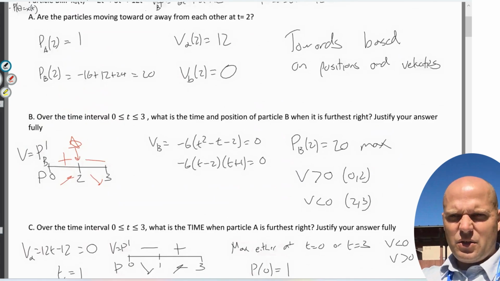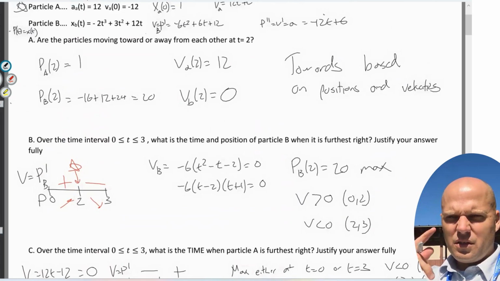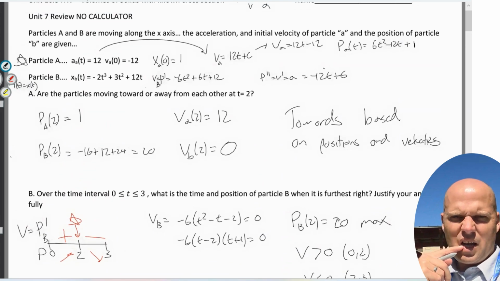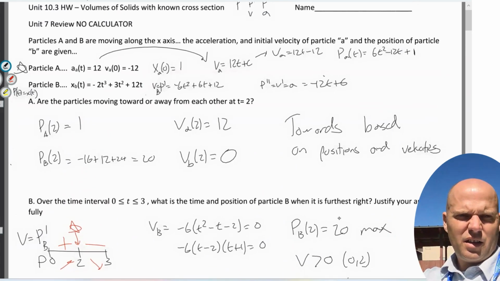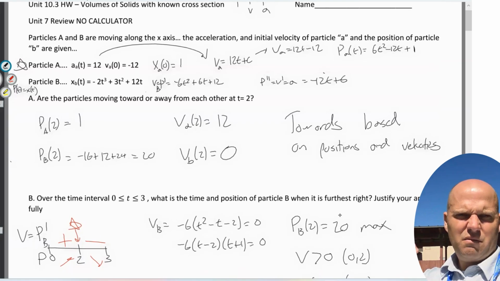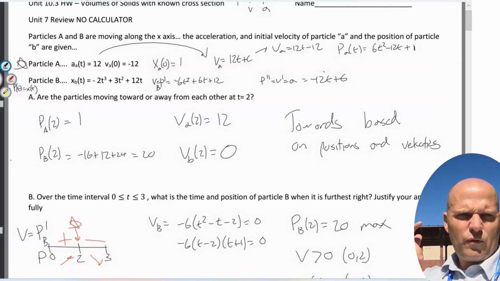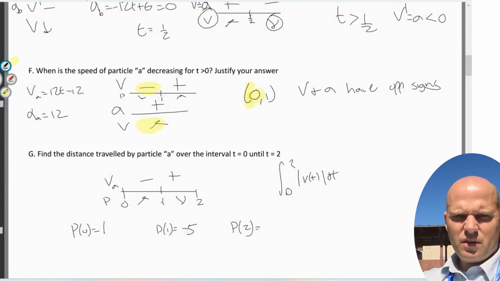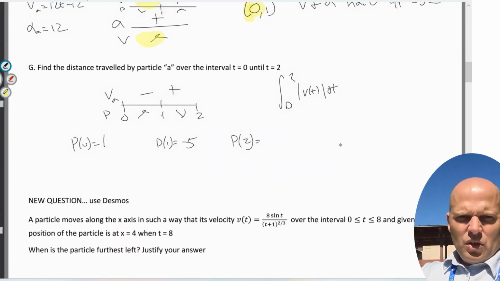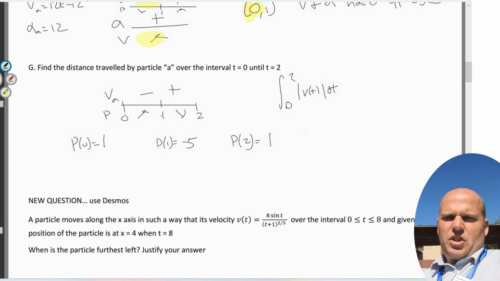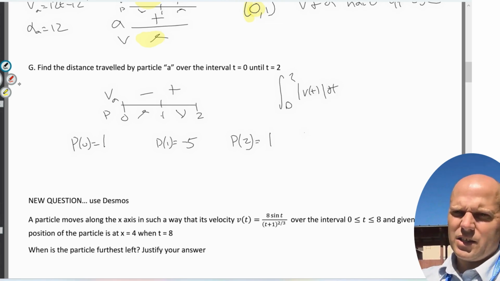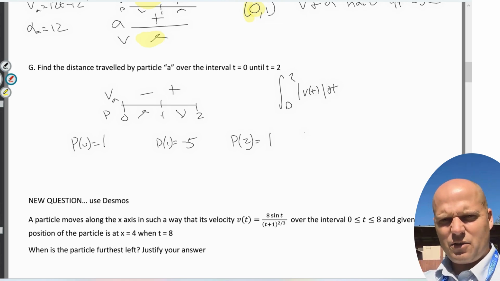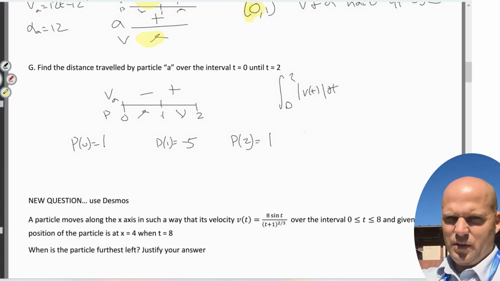Particle A at 2 was also 1. 24 minus 24 plus 1 was also 1. So cool. So that's also 1. So what's the distance? Hopefully you realize this doesn't make any sense. What am I doing? This makes sense. I'm just being silly.